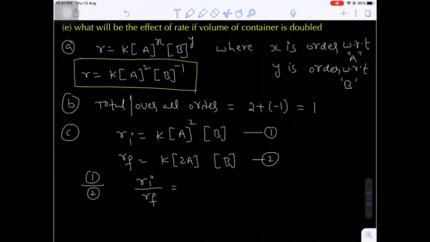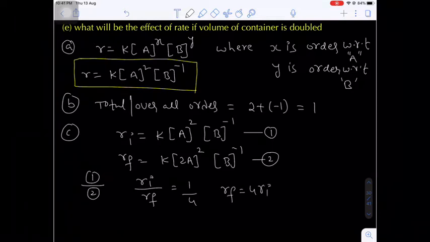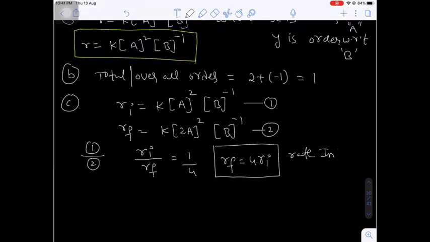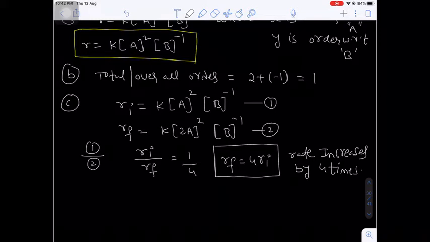That is 2. What is the value of y? That is minus 1. Are you getting my point? So here you will get 1 by 4. By cross multiplication, Rf is equal to 4 times Ri. That means the rate increases by 4 times when the concentration of A alone doubles.